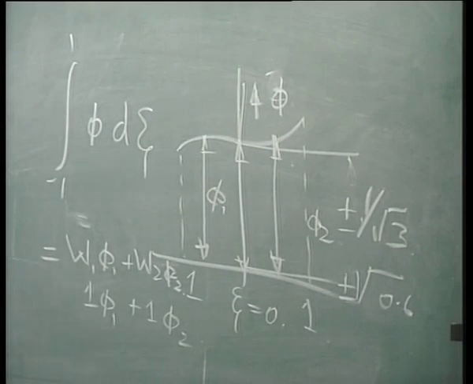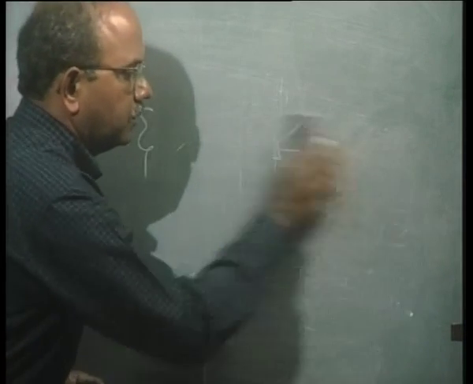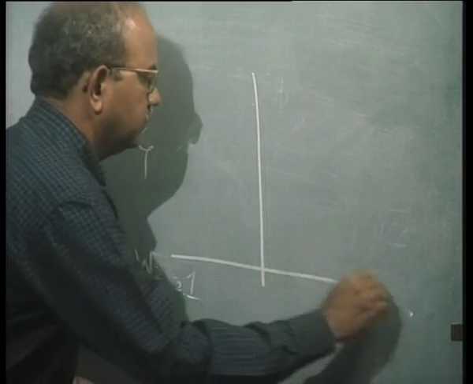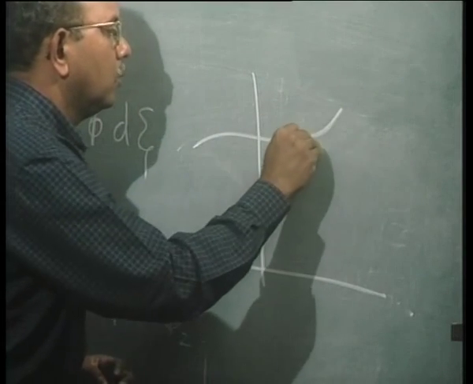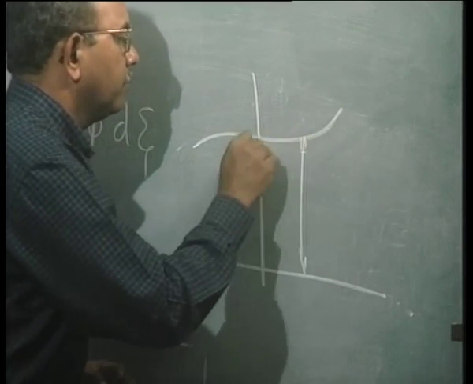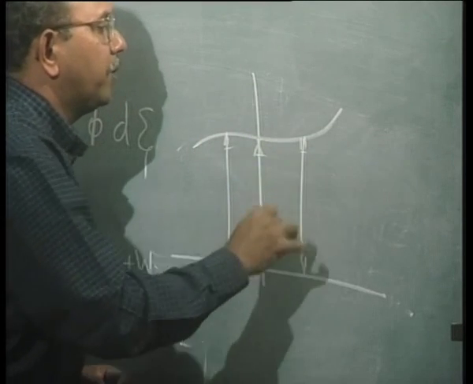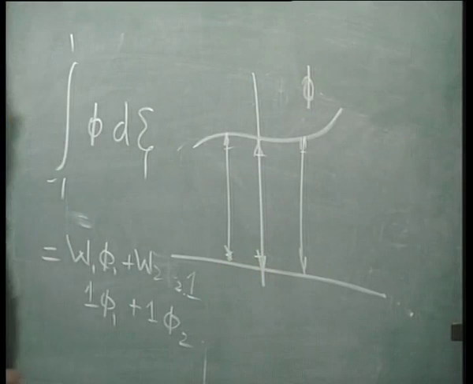So in other words, the 3-point integration rule states that one point here, one point here, and one point here. Okay, these are the 3 points at which the value of phi is evaluated.